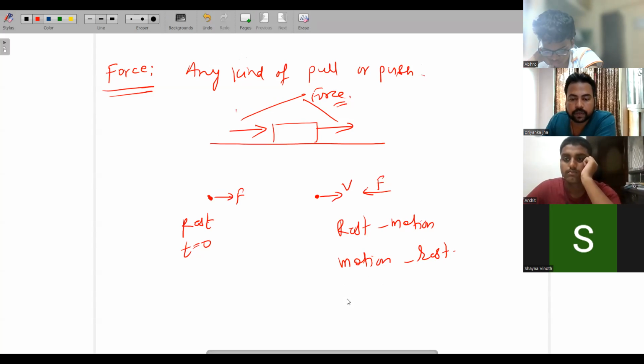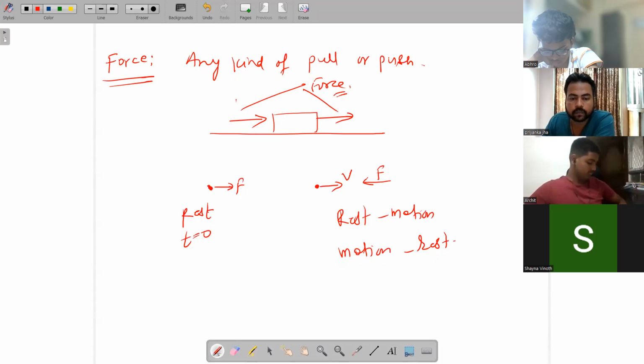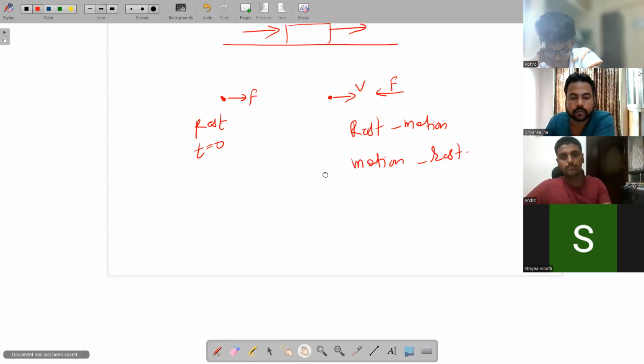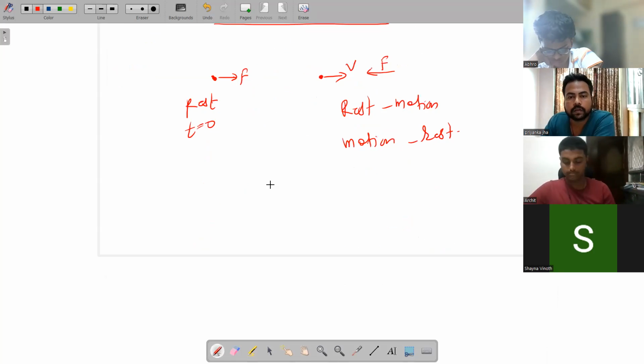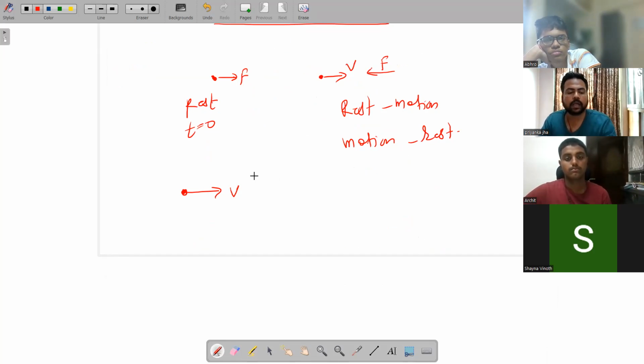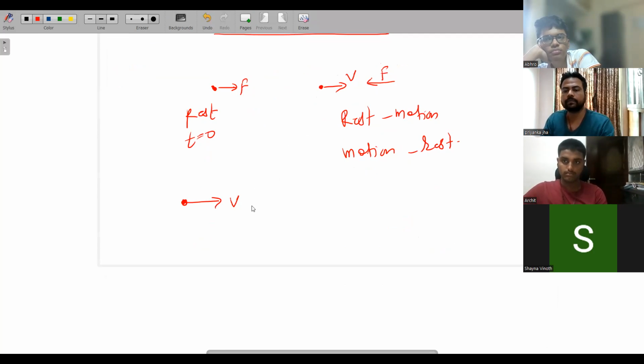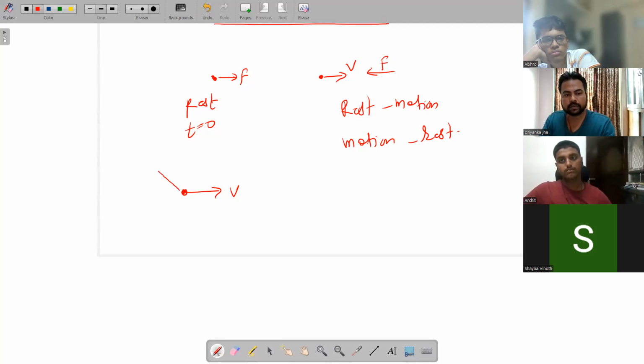And suppose any object is in motion, going in this direction with some speed or some acceleration, and suppose you apply some force in this direction, making some angle with the horizontal or vertical.